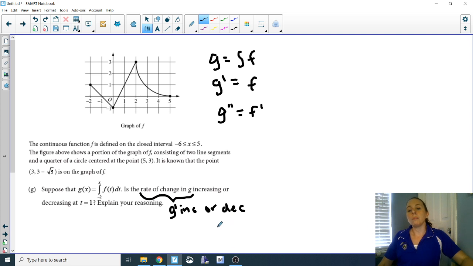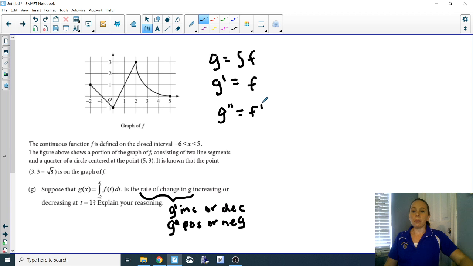Okay, so the next step is to remember that if you're trying to figure out where something is increasing or decreasing, what you could figure out is whether its derivative is positive or negative, and that will answer it for you. So is G double prime positive or negative? That is asking the same thing as what the question is asking.